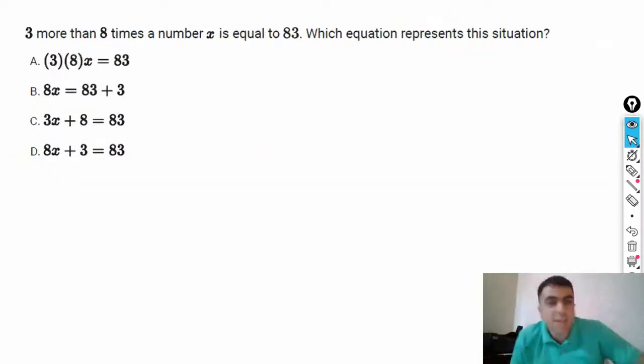Next question. 3 more than 8 times a number x is equal to 83. Which equation represents this situation?